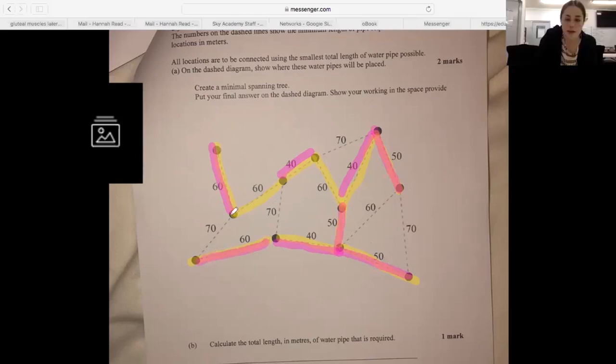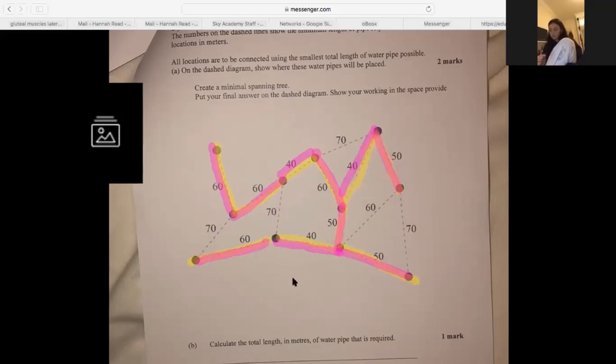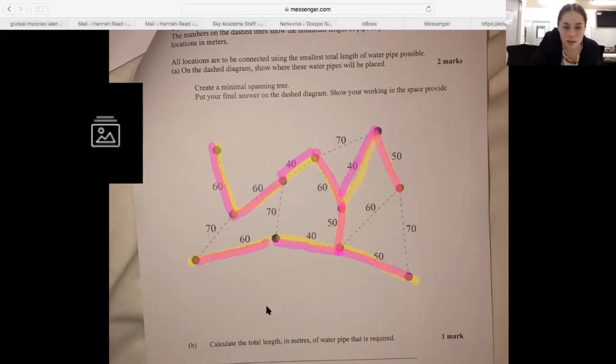I think that is the only way. Is this what you got? Yeah. Cool. Calculate the total length in meters of water pipe that is required.